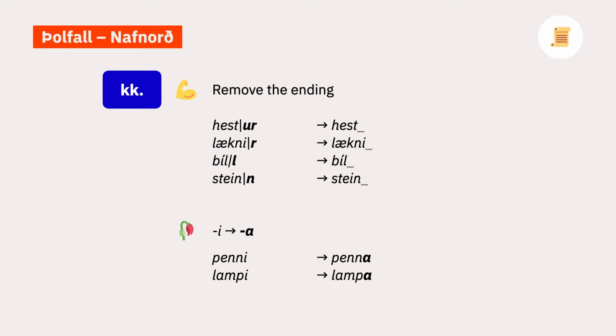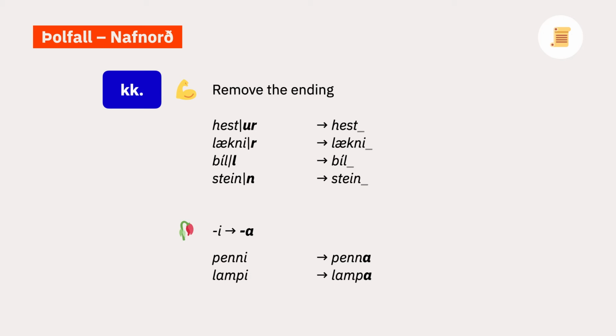So that gives us lækni. For nouns ending in double L or double N, the second consonant is the removable part of the ending. This is quite similar to how adjectives work, remember. So bíll becomes bíl, steinn becomes stein. Notice the difference in pronunciation between the nominative and accusative in these last two. Bíll, bíl. Steinn, stein.